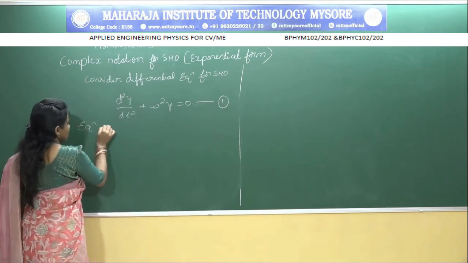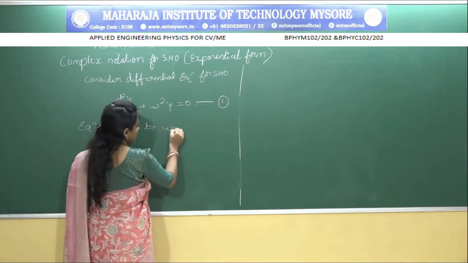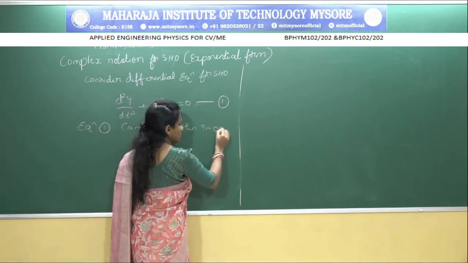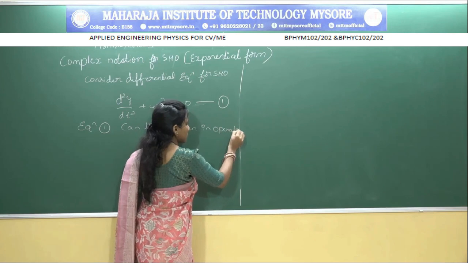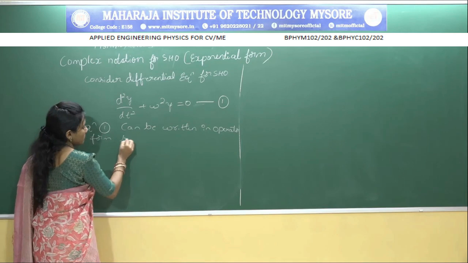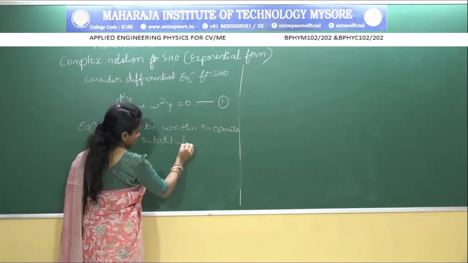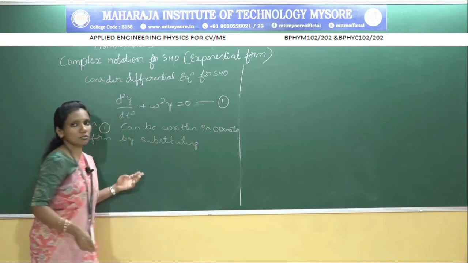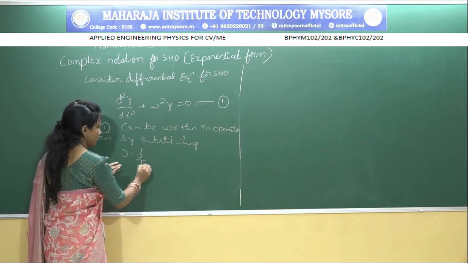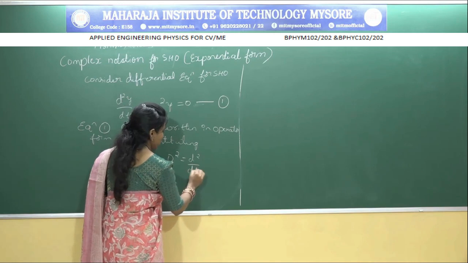Equation 1 can be written in operator form by substituting the operators, that is, D is equal to d by dt, and D square is equal to d square by dt square.